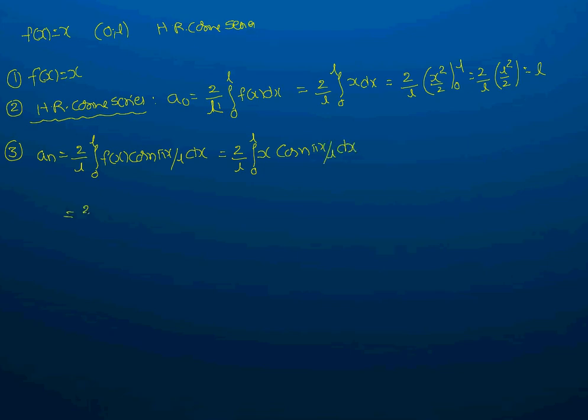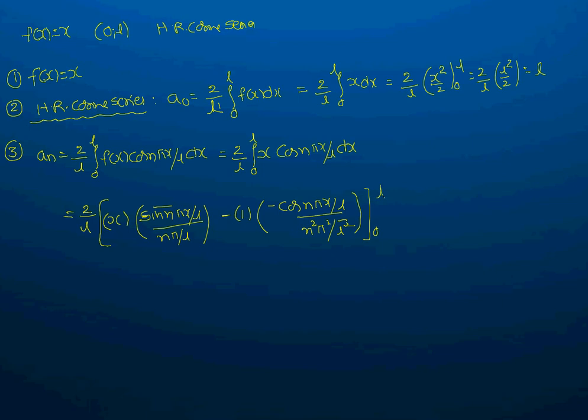That is equal to 2 by L into, integration of this one means x into integral of cos means sin n pi x by L by n pi by L, minus x differentiation is 1 into integration of this one, minus cos n pi x by L by n square pi square by L square. So between the limits 0 to L.